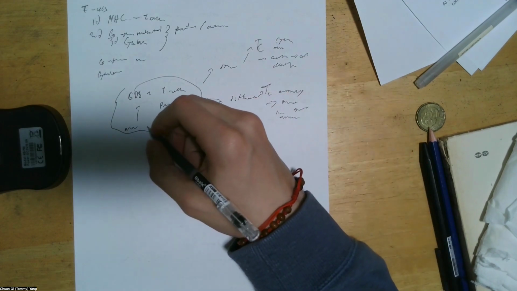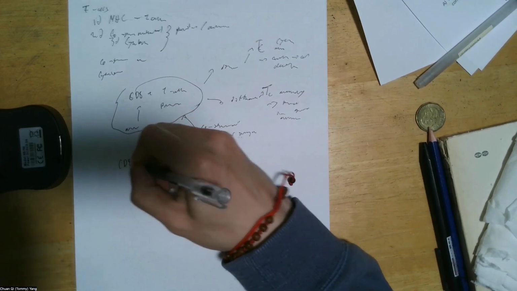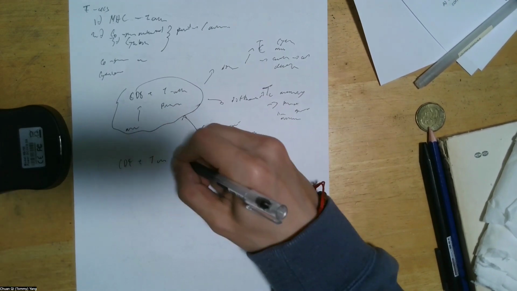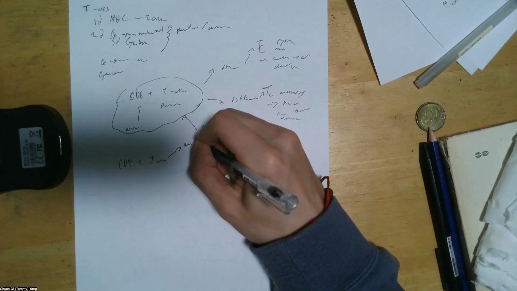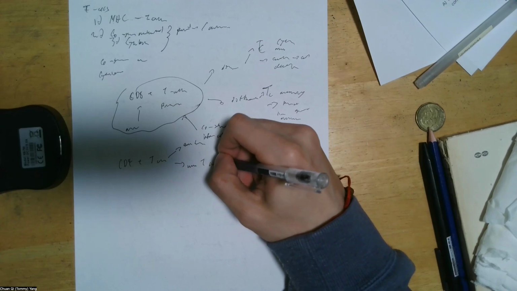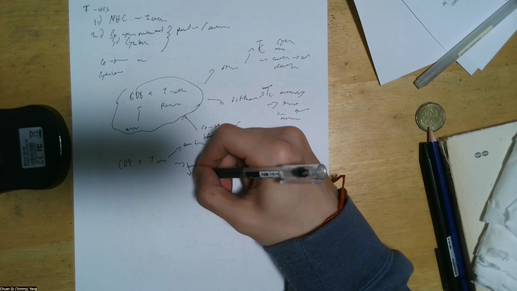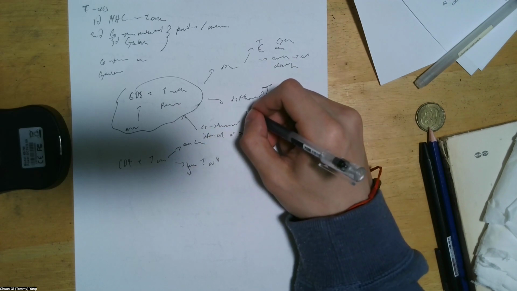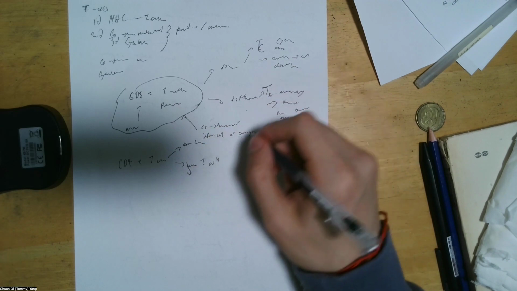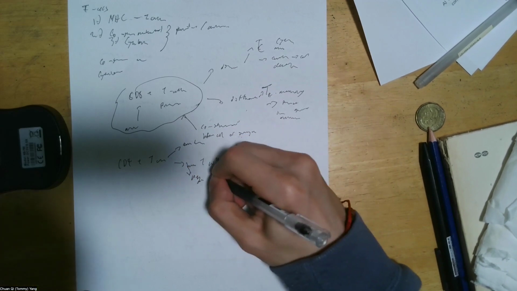I remember activated CD4 cells, so CD4 complex plus T cell, they differentiate into active helper T cells, memory T cells, or regulatory T cells.